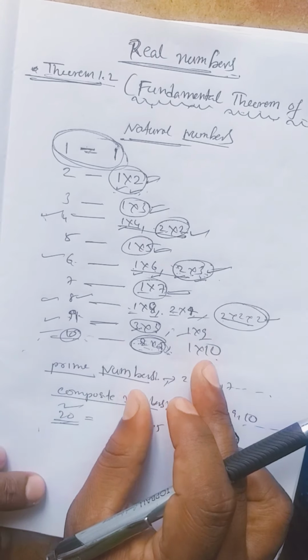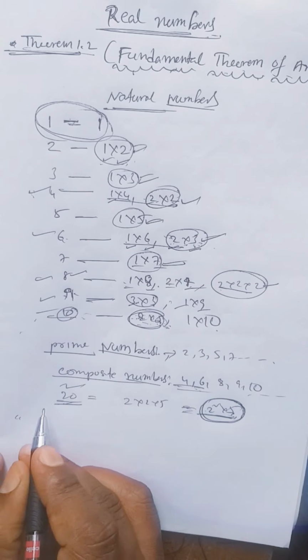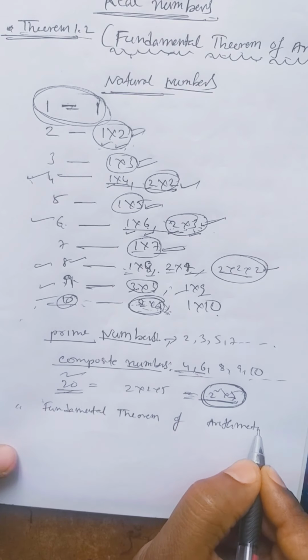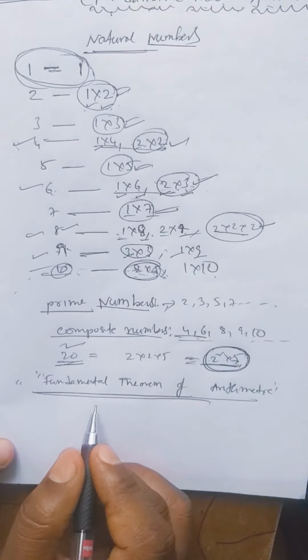So this is unique. Finally, I will write the definition here. The definition is the fundamental theorem of arithmetic. What is the definition, we will discuss finally.